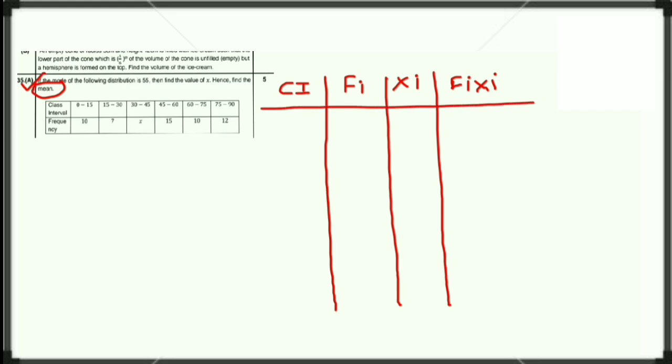And here the class interval has been given in the question over here. Just copy it as it is. First class 0 to 15, secondly 15 to 30. Similarly, copy all as it is.